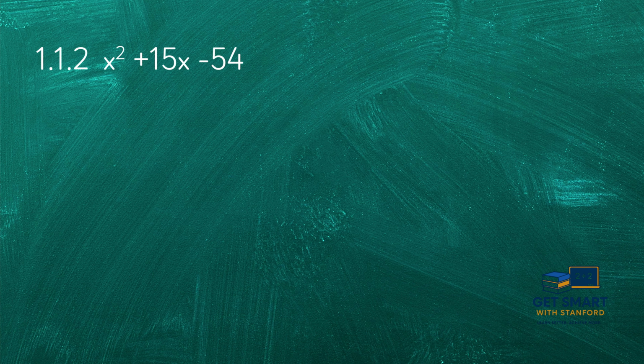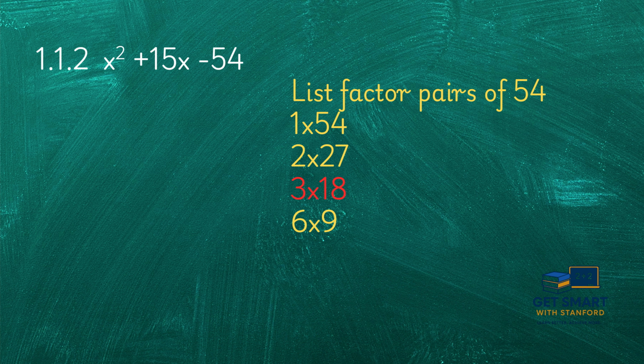1.1.2, we continue to factorize fully the expression x squared plus 15x minus 54. It is very easy to factorize these expressions when you first find and list the multiples of the last term, which is the constant. In this case, it is 54.